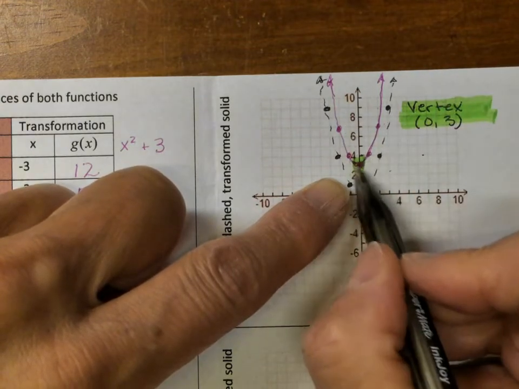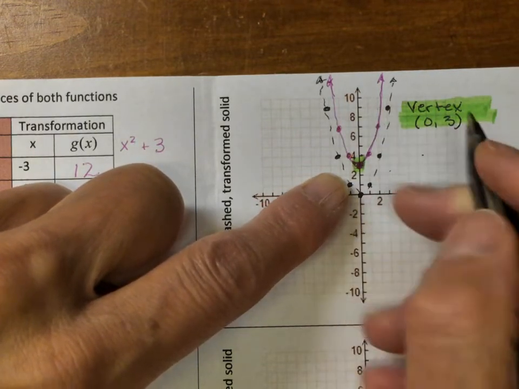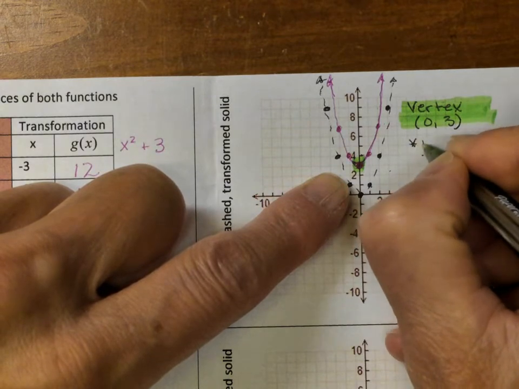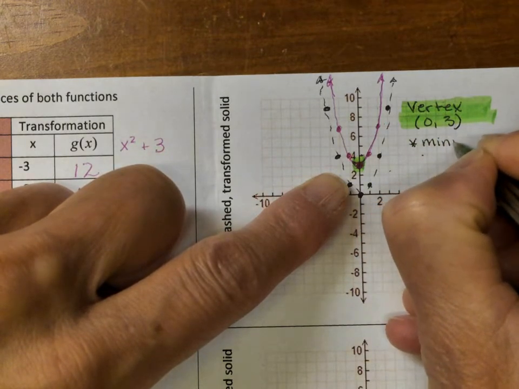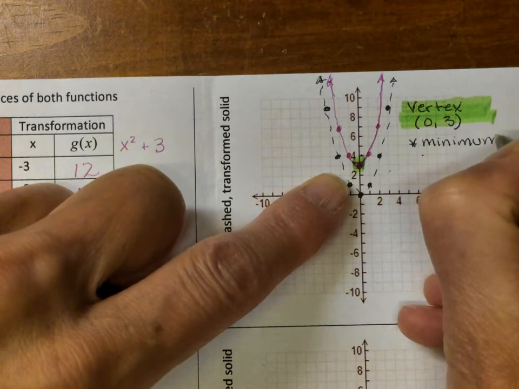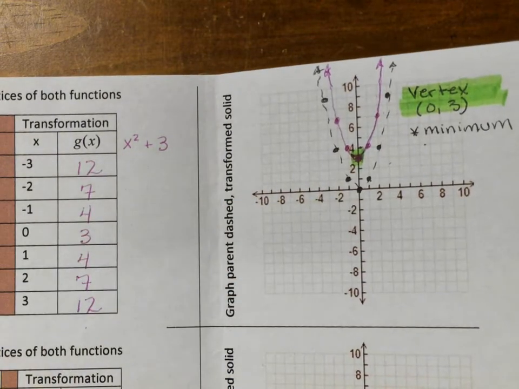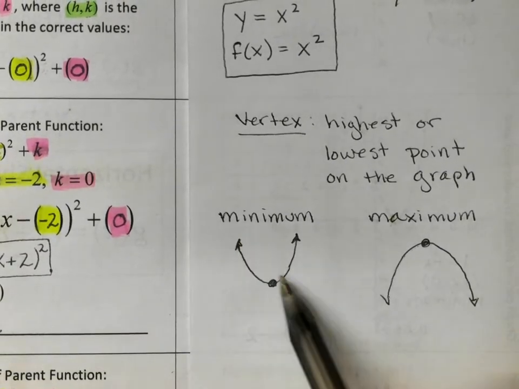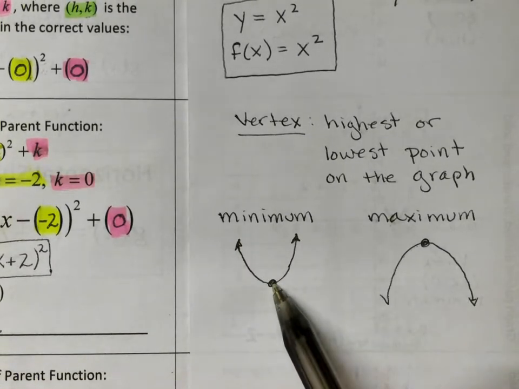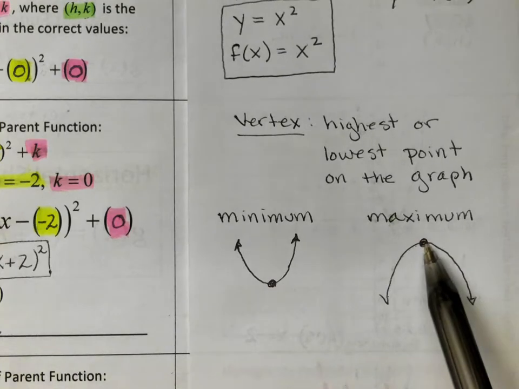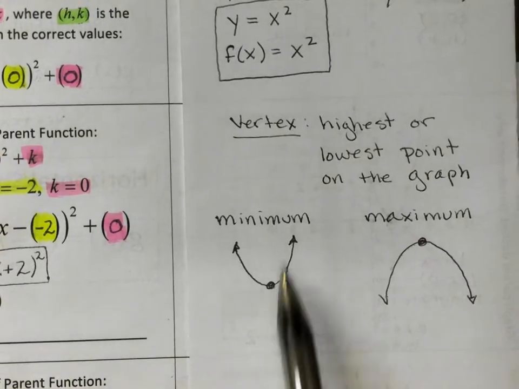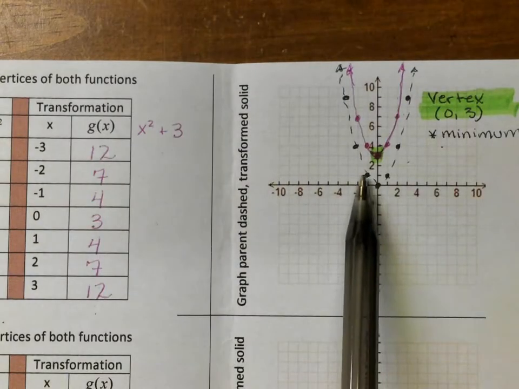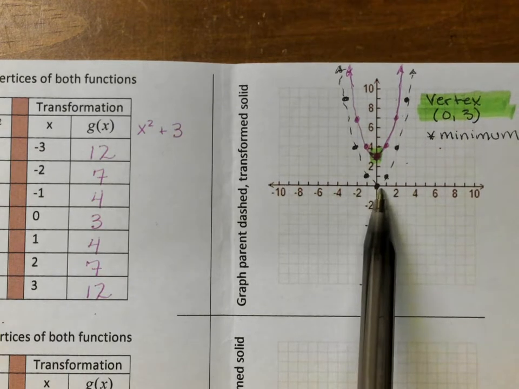And because it's at the bottom of the parabola, it is a minimum. If you remember from the previous videos, we talked about this vertex down here is a minimum, and when it's at the top, it's a maximum. So since it's at the bottom of our parabola, it is a minimum.